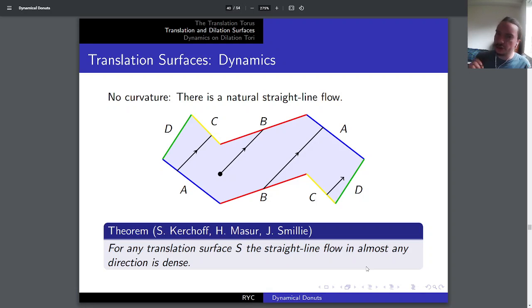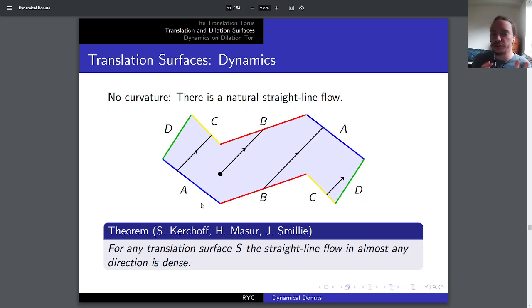So it's not always just going to be the rational slopes, it could be other things, but it will always be like the rational numbers, where very, very few of the real numbers are rational. Very, very few of the possible directions will be directions where the flow is not dense.